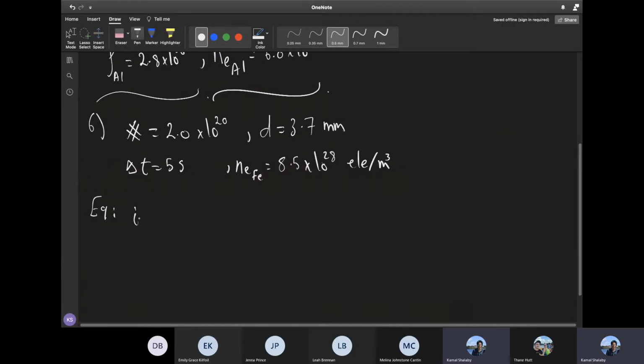And we need to find what is the drift speed equal to. What to do?